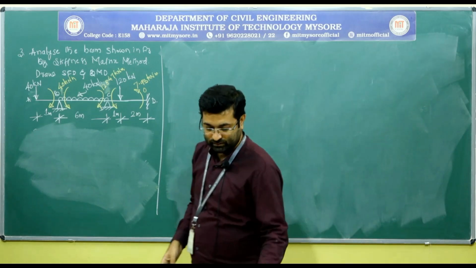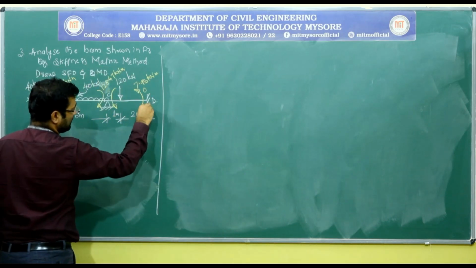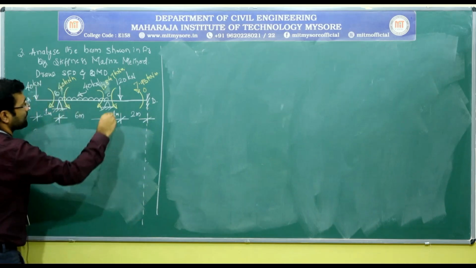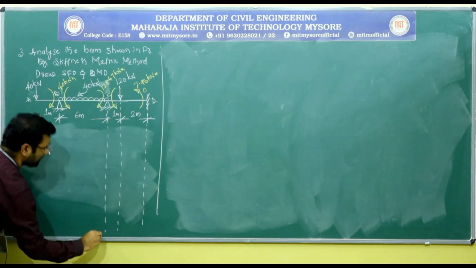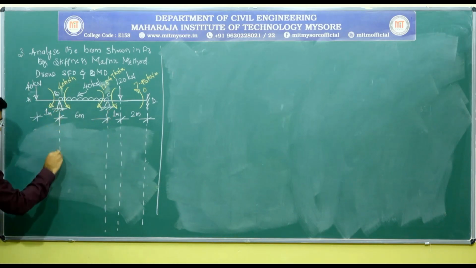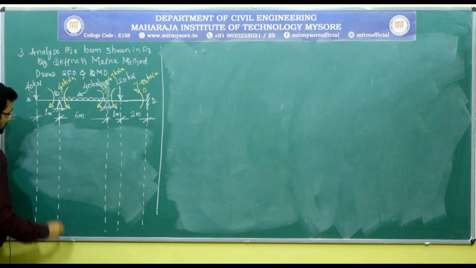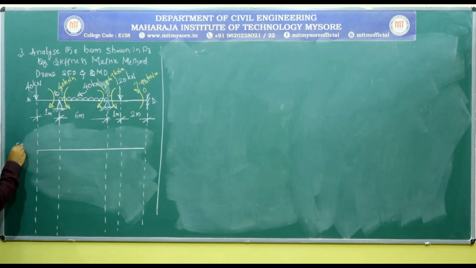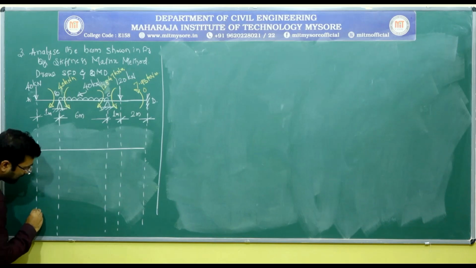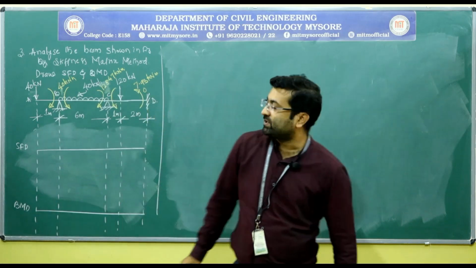Because of the unavailability of space, I will calculate the things and simultaneously draw them. Let us say this is the datum line for the SFD and this is the datum line for the BMD.